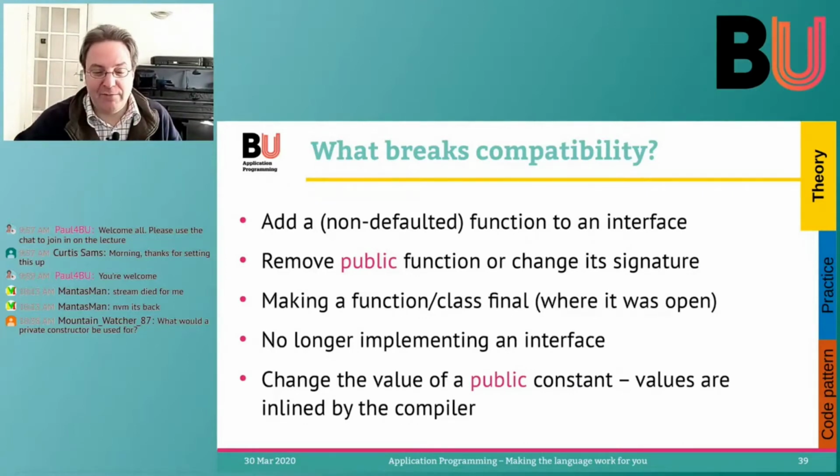If you have a class in Java that does not implement all the methods of the interface, it will work fine as long as you do not call that function. As soon as you call that function, the JVM will say, there's no implementation here, and throw an exception. But if you do not implement the function and you do not call it, it will be fine.